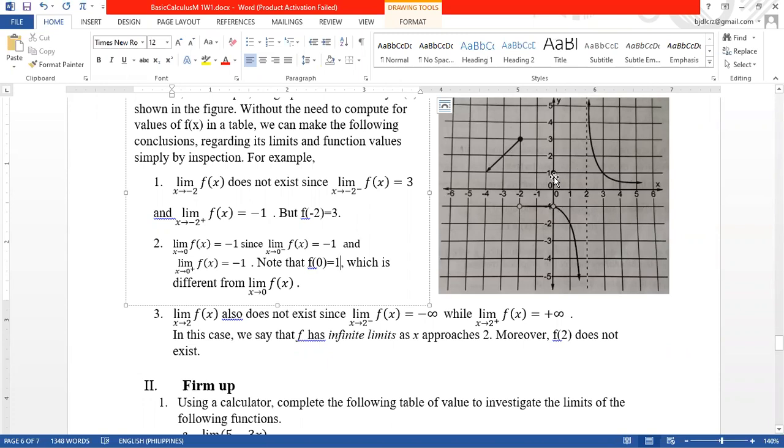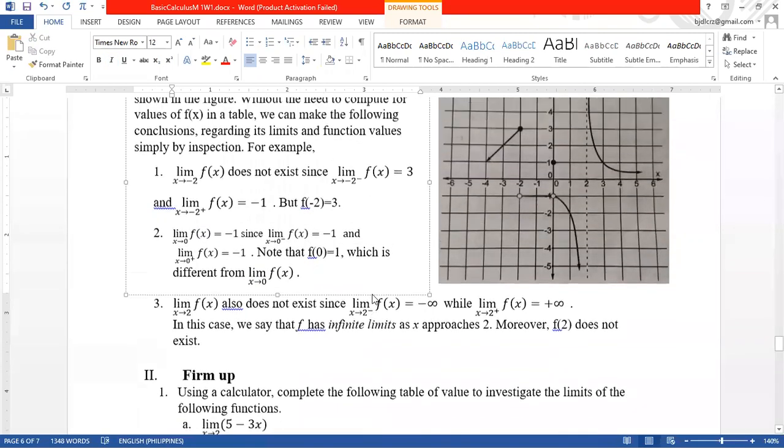Dayon naa siya sa taas which is si 1. So ang gibutang is 1. So which is different from the limit of f of x as x approaches to 0. So they are not equal. Tanawa, negative 1 ang limit of f of x as x approaches to 0, ang f of 0 is equal to 1. So dili siya equal.